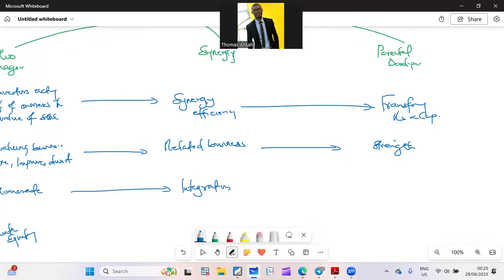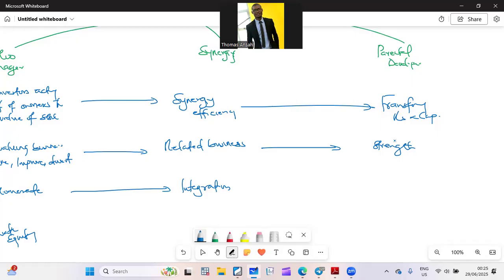The challenge in the portfolio manager, like I said, is that portfolio management is about the financial market, the risk. But when you look at the synergistic, it is all about the excessive cost of integration and the excessive cost of duplication. So what you are going to do is integrate to cut all the costs that are there.